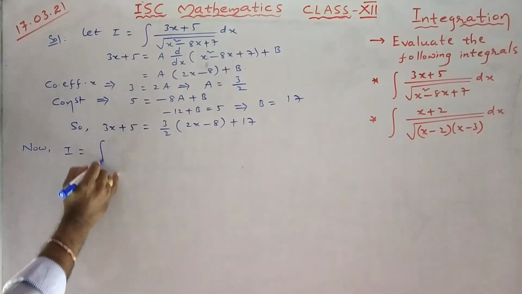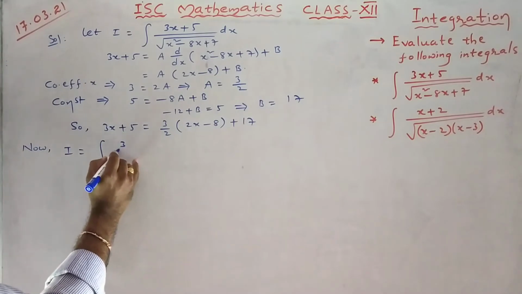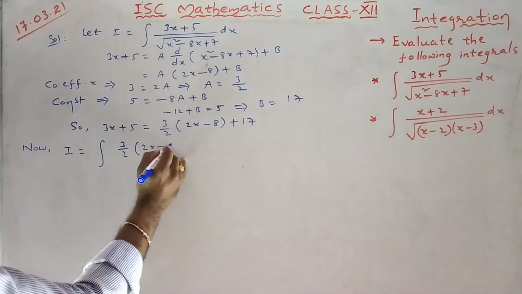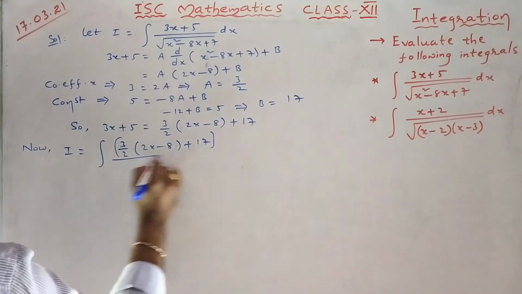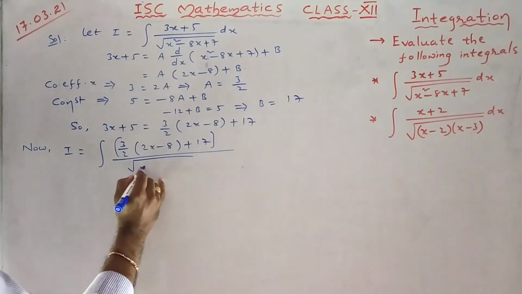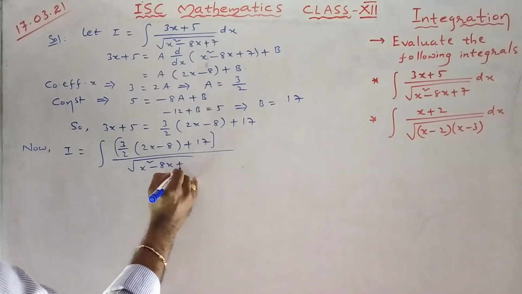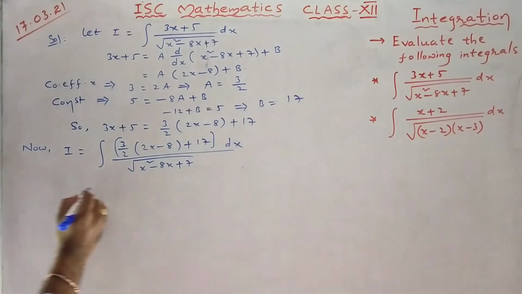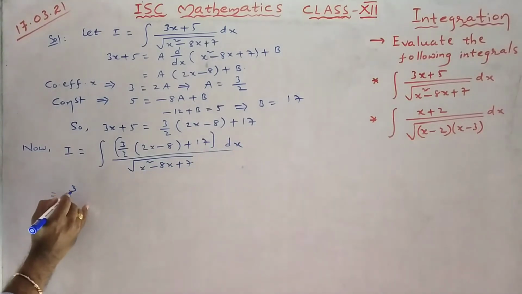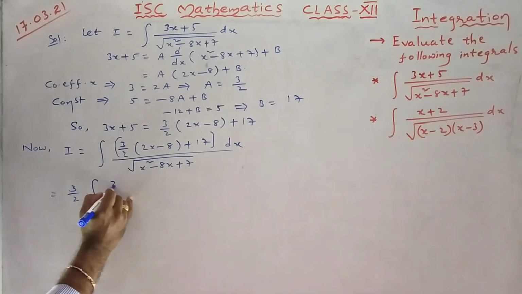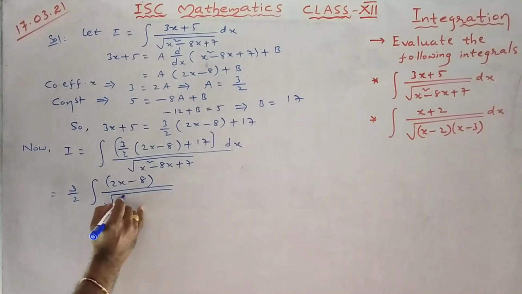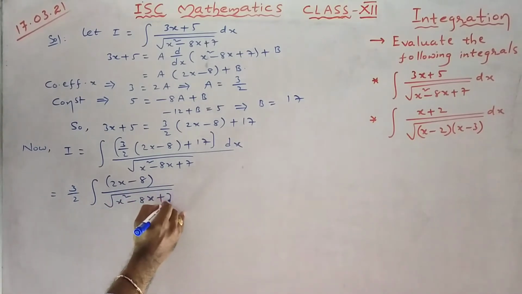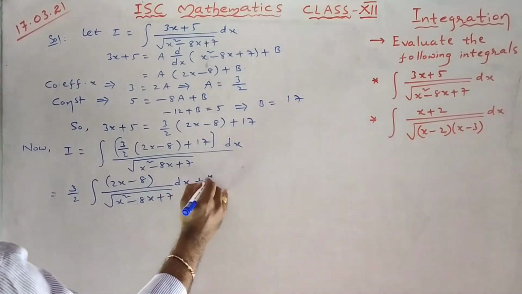I is equal to the integral of numerator, written as 3 by 2 times (2x minus 8) plus 17, by square root of x square minus 8x plus 7 dx. So 3 by 2 we can keep outside: the integral of (2x minus 8) by square root of x square minus 8x plus 7 dx, plus 17.